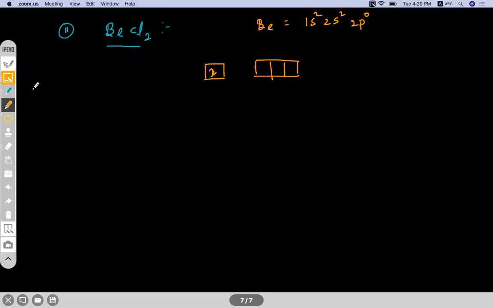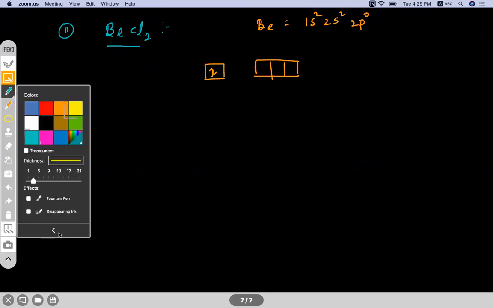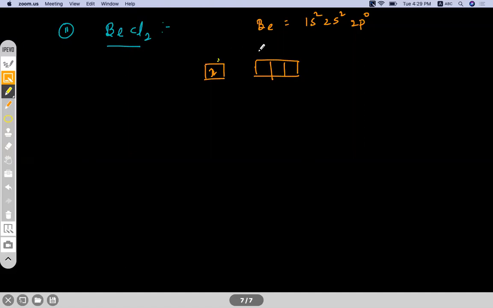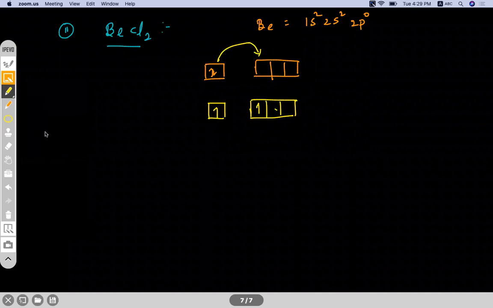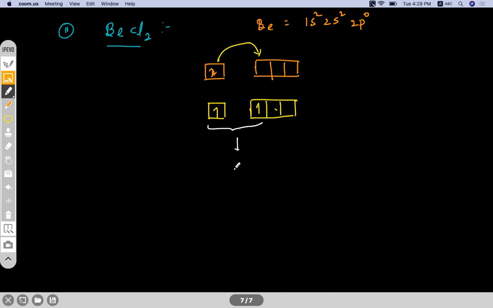So in the excited state, what happens? One of the electrons from 2s of beryllium jumps into 2p, so 2s has 1 electron and 2p has 1 electron. Before bonding with chlorine, this s and this p orbital, which have unpaired electrons, intermix and form a new set of orbitals, which we call hybrid orbitals.